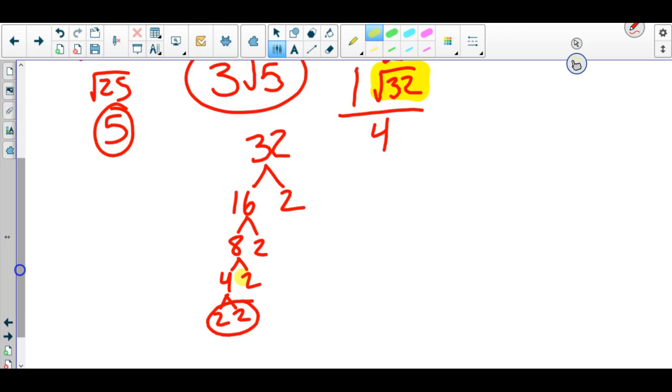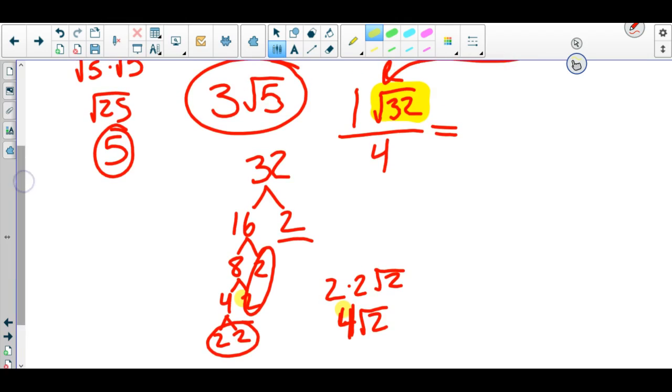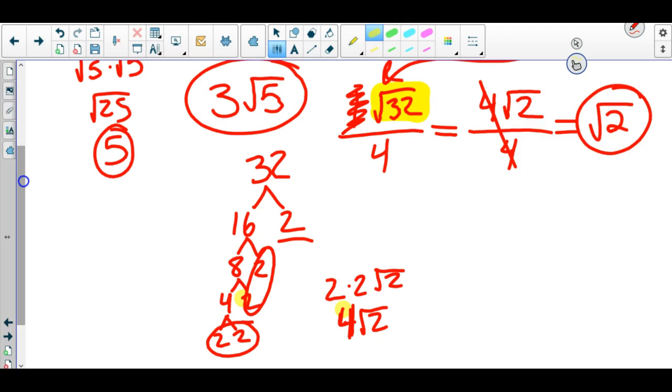So, pair of 2s, single 2, single 2. So 4 root 2 is the same as the square root of 32. So I'm going to rewrite this as the 1 can go away. I don't need that. 4 root 2 over 4, which the 4s now cancel out. So the square root of 2.